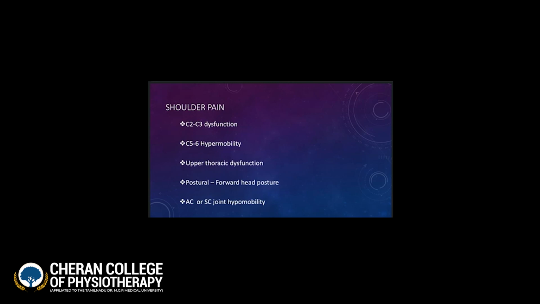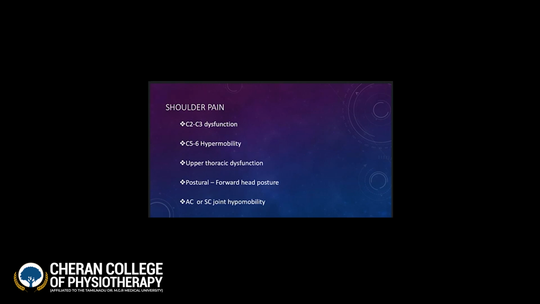Okay. The forward head posture. This is actually a common problem, and it's becoming a huge problem lately with cell phones, electronics, and computers. Forward head posture is going to be huge in the future.